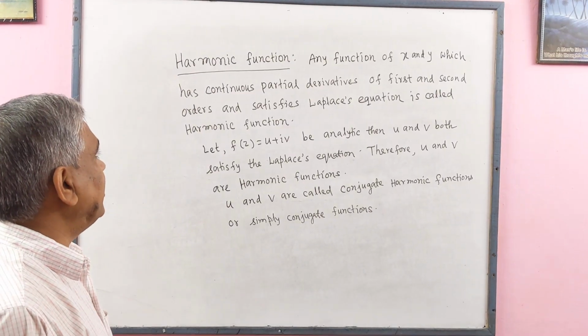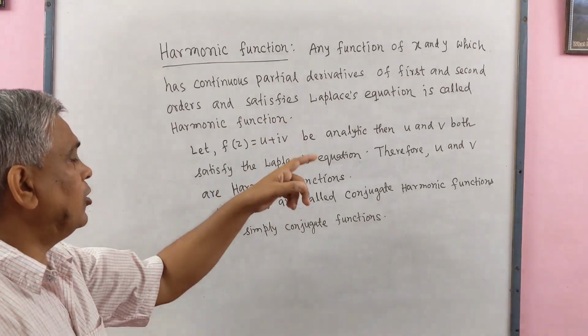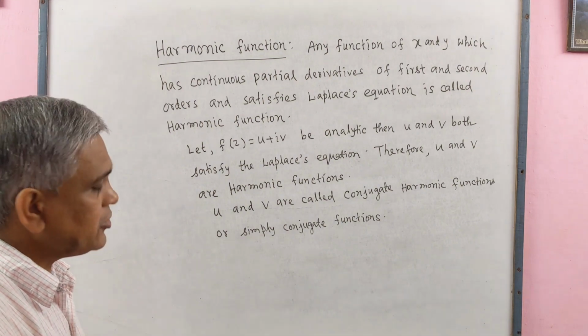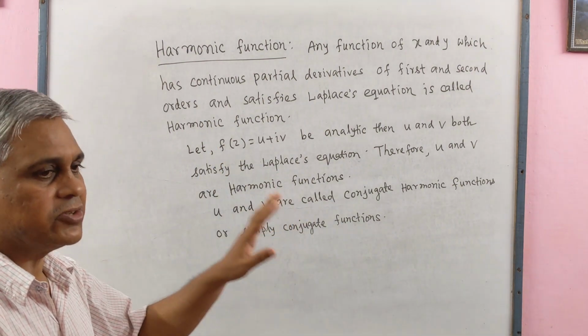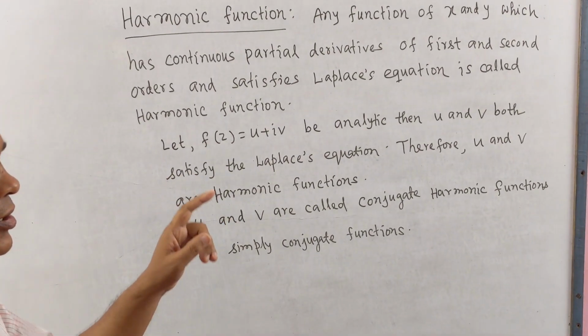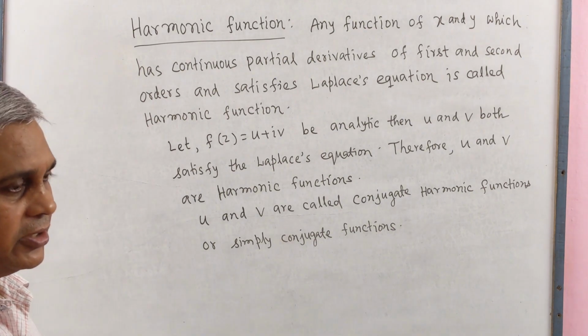Now we define harmonic function. Any function of x and y which has continuous partial derivatives of first and second order and satisfies the Laplace equation is called harmonic function.